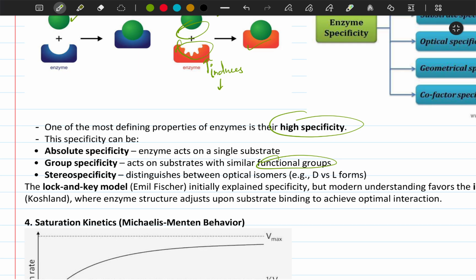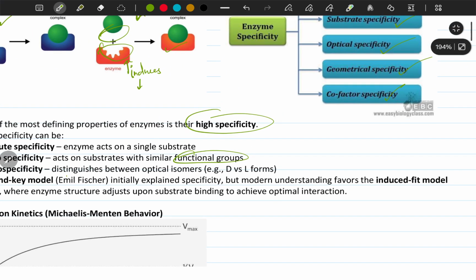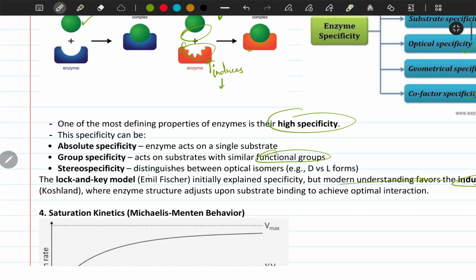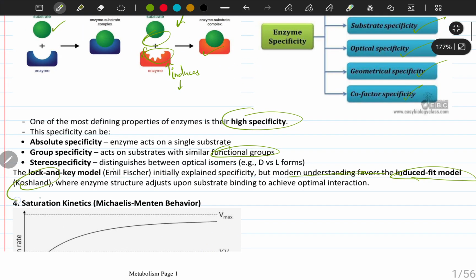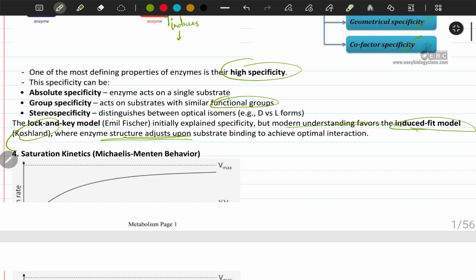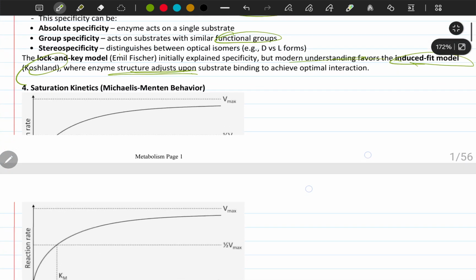The lock and key model given by Emil Fischer initially explained specificity, but modern understanding favors the induced fit model given by Koshland, where enzyme structure adjusts upon substrate binding to achieve optimal interaction.